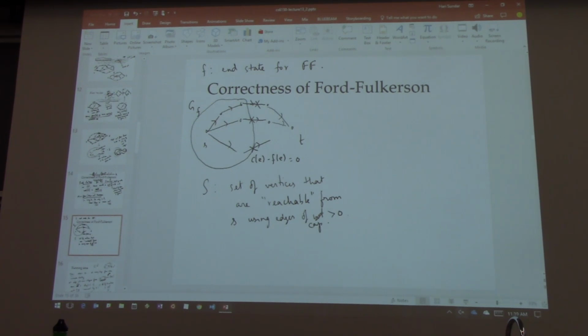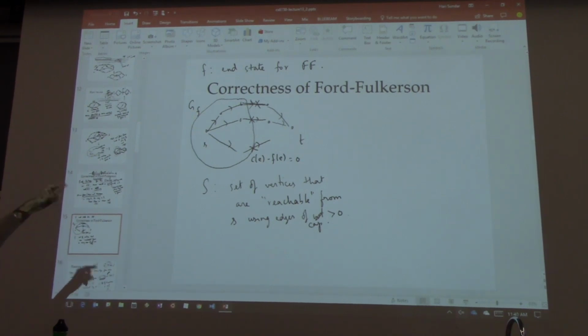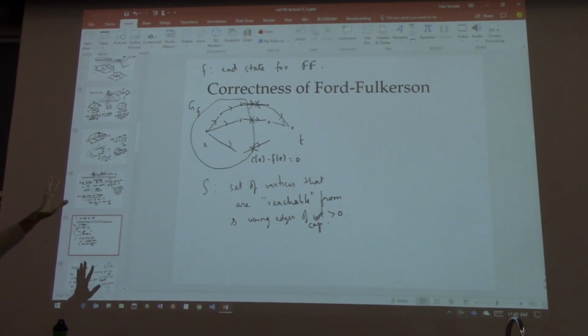But what we know for sure is that T is in the set that you cannot reach. And every edge that was going out of this set S must actually have capacity 0, because otherwise you could have gone out. So this is the argument.